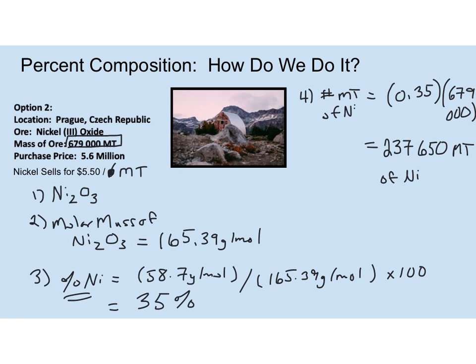Well, I can sell it for $5.50 a piece. So my last step is then going to be, well, if I can sell each metric ton for $5.50, I've got a whole bunch of them. So I'm going to take 237,650 metric tons multiplied by $5.50 per metric ton.